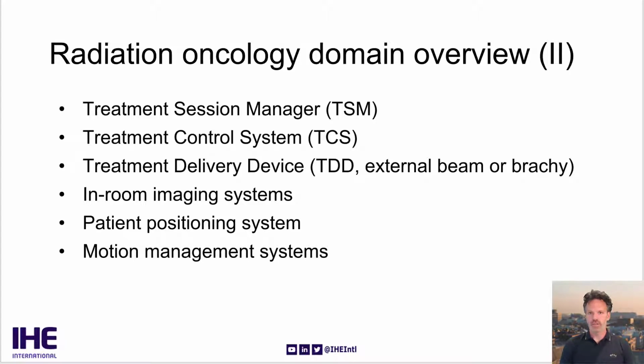There are in-room imaging systems. And there are patient positioning systems. That's most commonly the couch, but it could be other systems as well, a chair or anything else that the patient resides on. And there's motion management systems. Those are for monitoring motions such as breathing and are connected to the other devices during treatment.